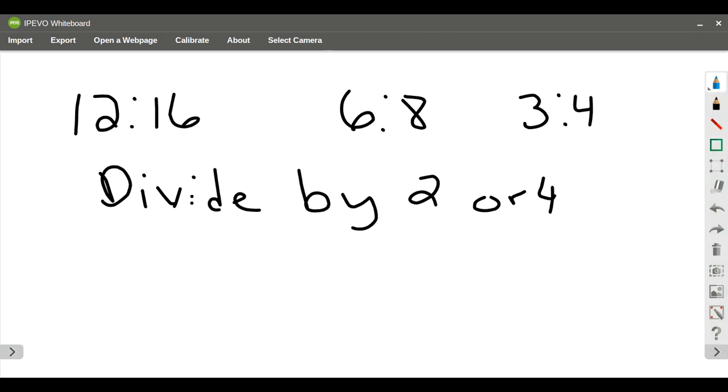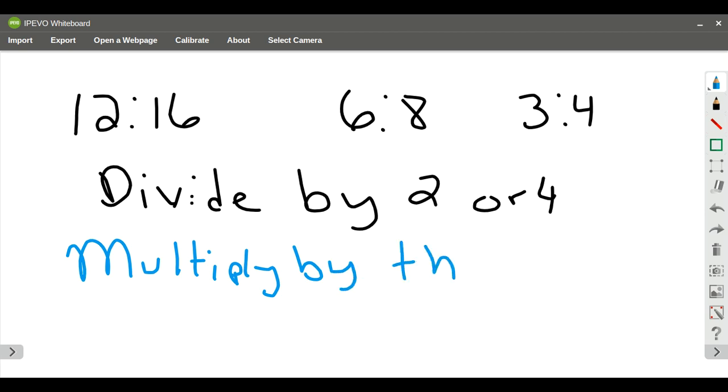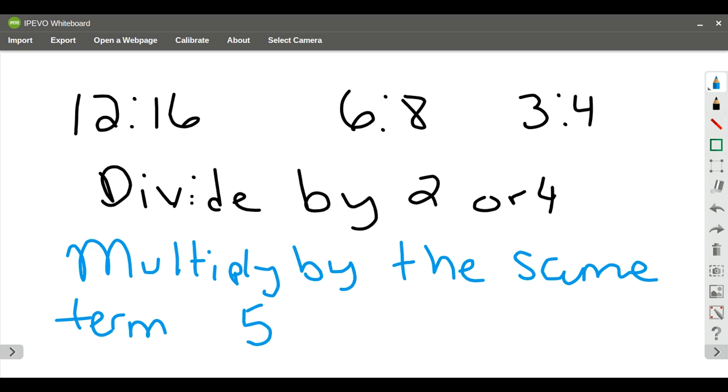The other way is I can multiply by the same term. It doesn't matter which term I use. So let's say I'm going to multiply by 5: 12 times 5 is going to be 60, and 16 times 5 is going to be 80. So my ratio would be 60 to 80.